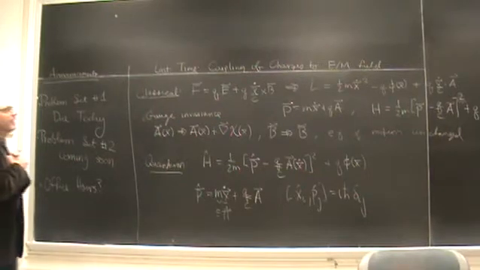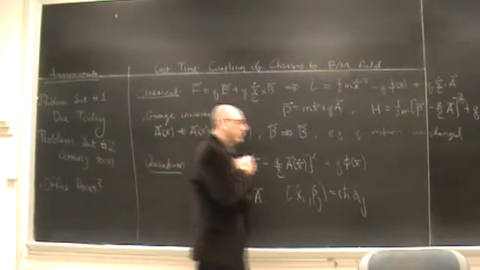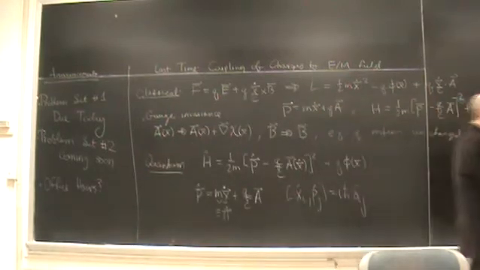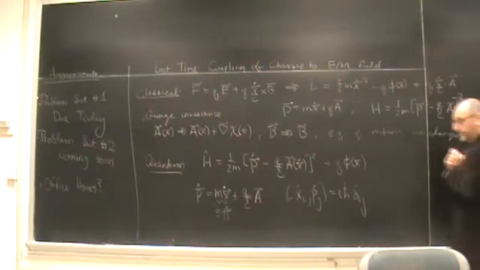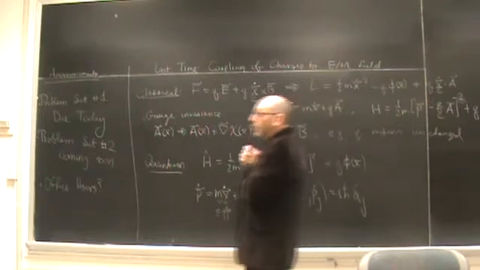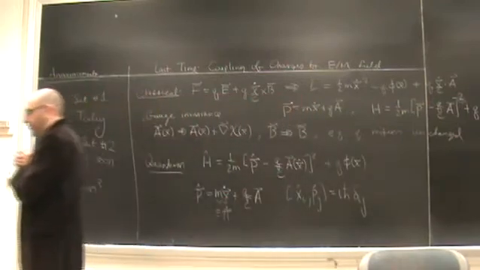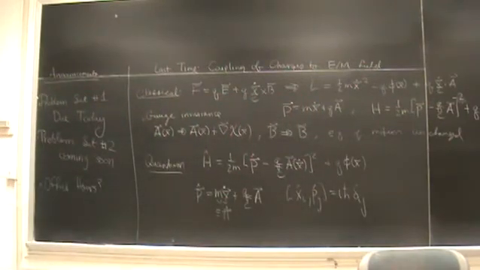So last time we were talking about a very important problem: how do we, in our quantum mechanical description, discuss the coupling of a charge to an electromagnetic field. At the moment, and pretty much throughout this course, we treat the electromagnetic field classically.